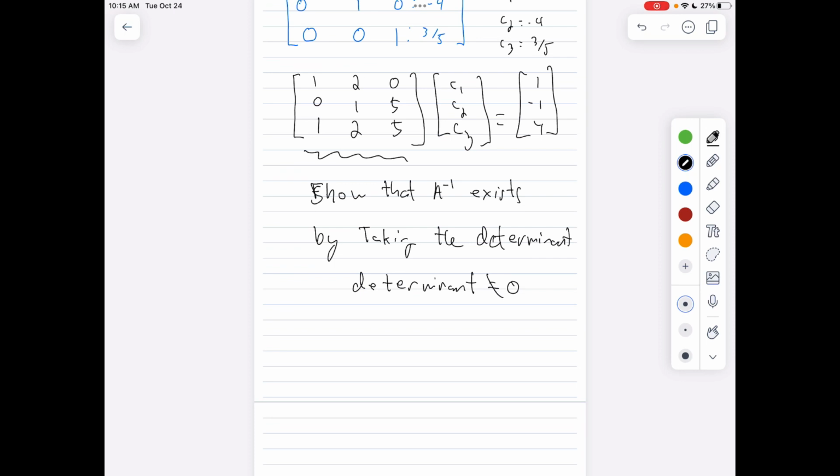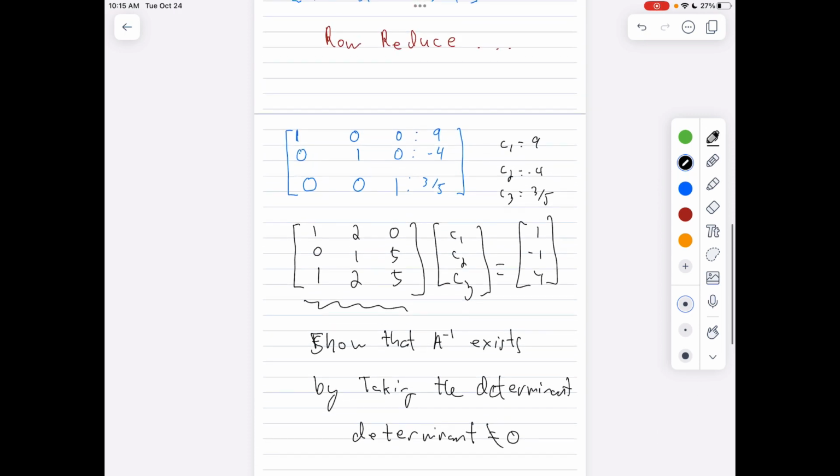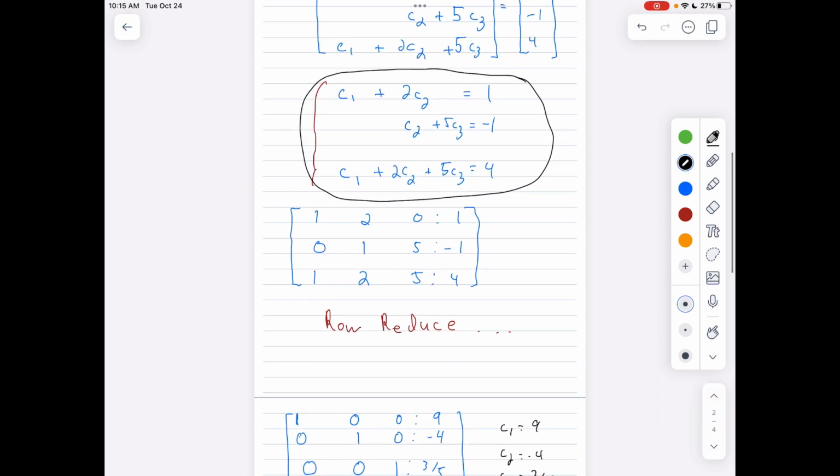That's one of the equivalences we have about systems of equations: if we can reduce to the identity, it's the same thing as saying that the inverse exists, which is the same thing as saying the determinant doesn't equal 0. All of those three conditions are equivalent, and it shows that there's a unique solution.